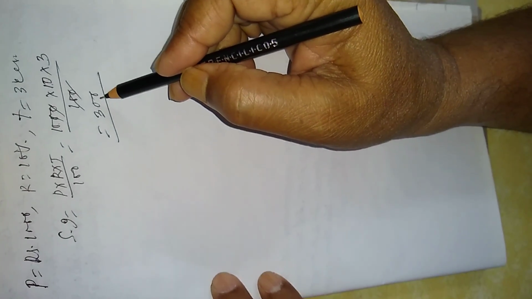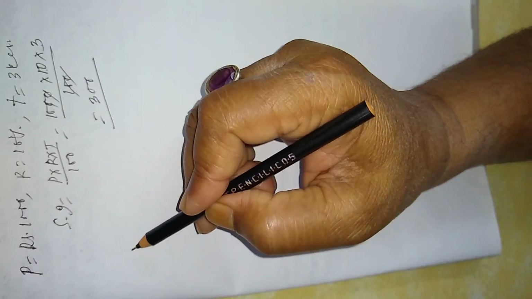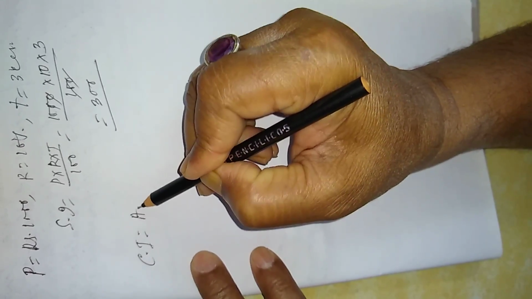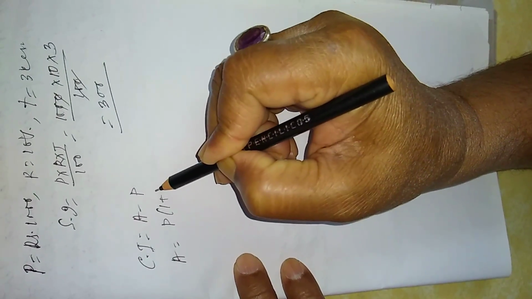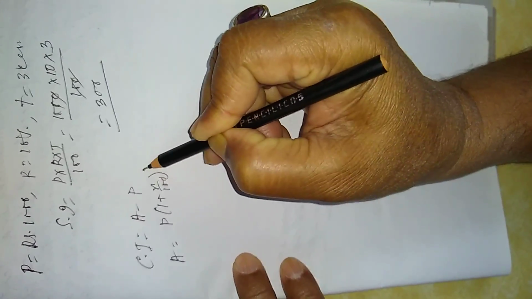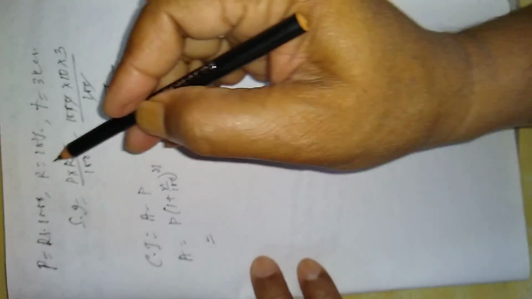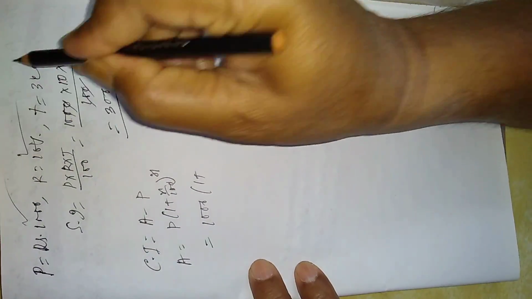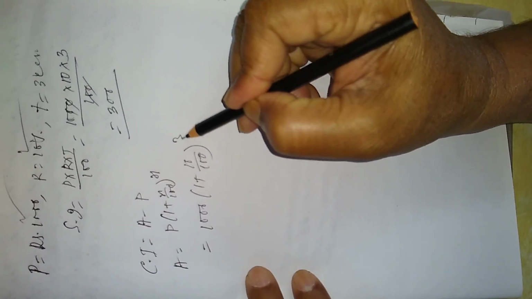In compound interest, this 300 increases. Why? The formula of compound interest: CI equals amount minus principal, and amount equals P into (1 plus R by 100) to the power N. Here the principal is 1000, R is 10%, and N is 3.